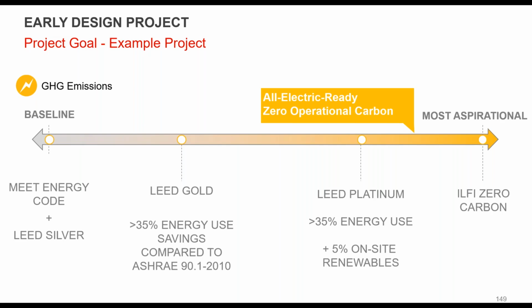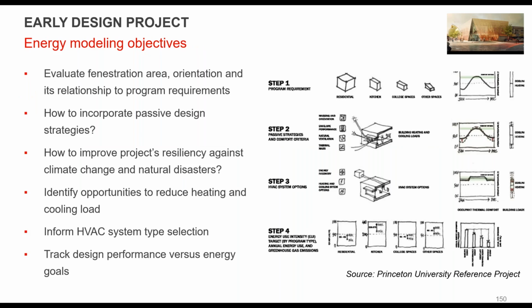So moving on, some of the early energy modeling objectives: looking at the fenestration area and orientation, how that relates to the program requirements, and how you can incorporate passive design. We talked about natural light being a key one there.